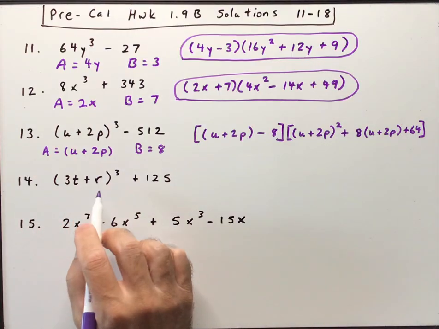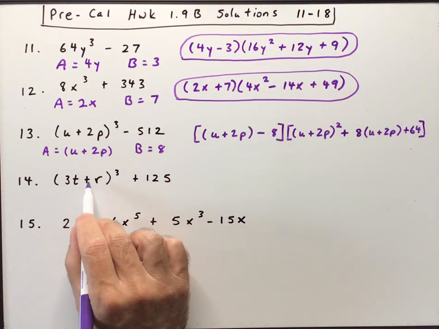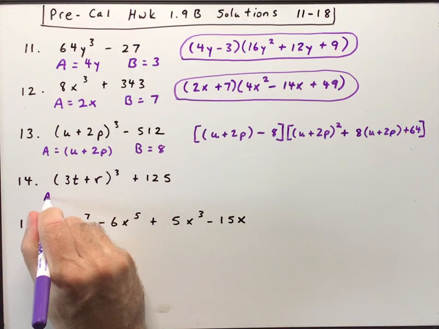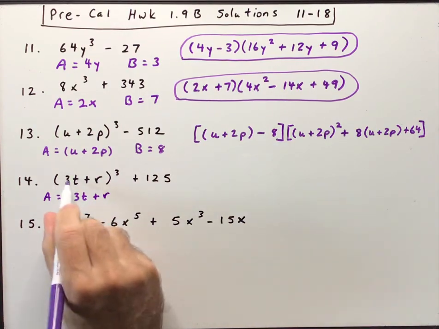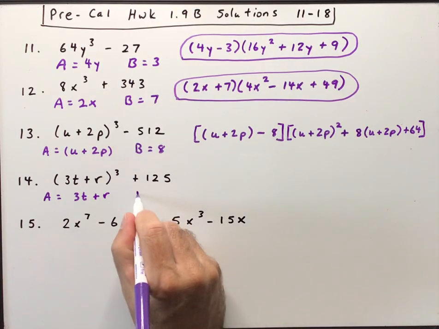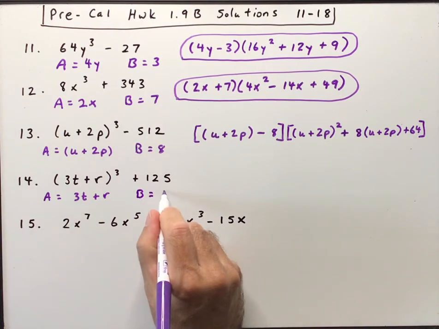So on number 14, so we have 3t plus r cubed, that's going to be a, so a is 3t plus r, take the cube root of that, and then b would be 5. 5 cubed is 25.